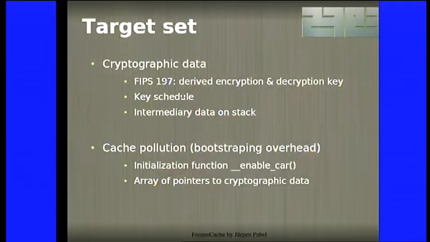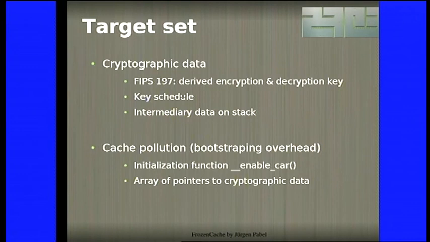So what data do we need to protect? When we look at full disk encryption, obviously the encryption key, and everybody knows about the AES keys, 128 bits or bigger, and what's commonly used is the FIPS 197 setup procedure, which derives a specific encryption and a specific decryption key from the 128 bits that you have initially.